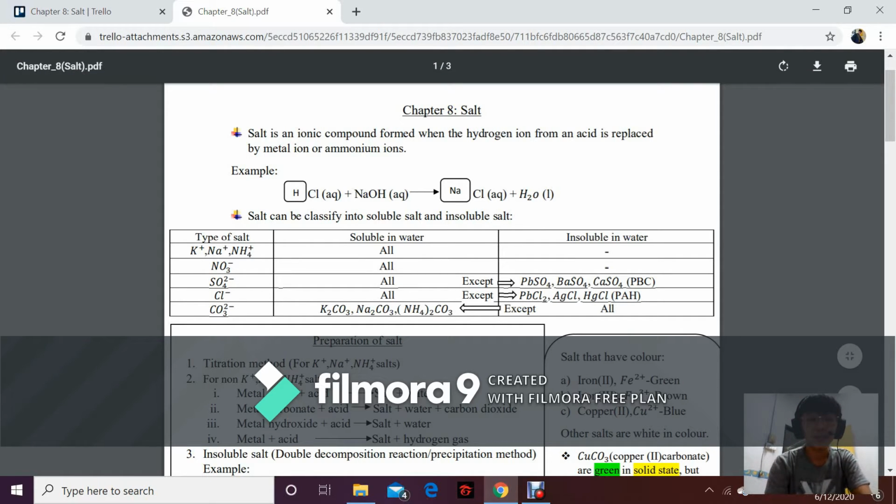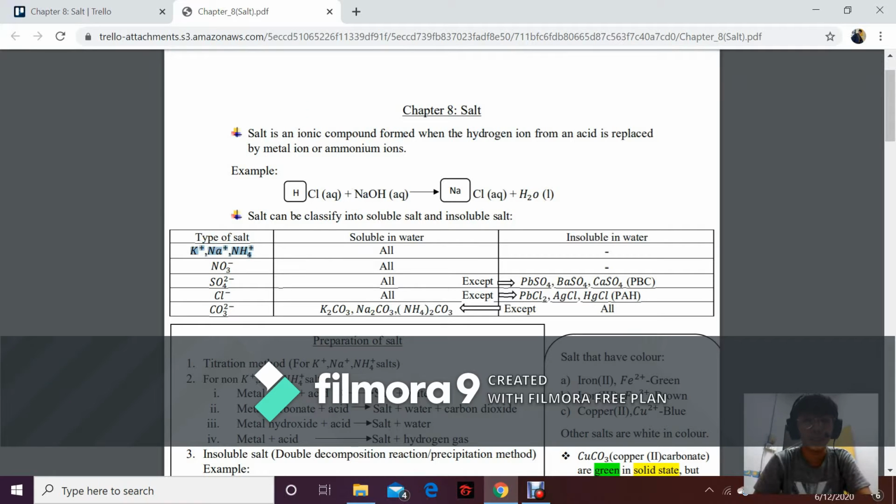For sodium, potassium, and ammonium salt, they are all definitely soluble in water. For example, KCl, potassium chloride, NaCl, sodium chloride, and NH4Cl, ammonium chloride.